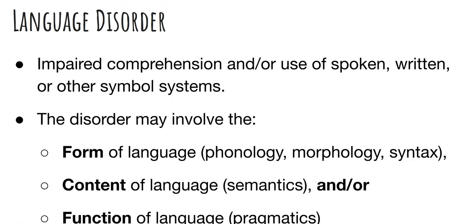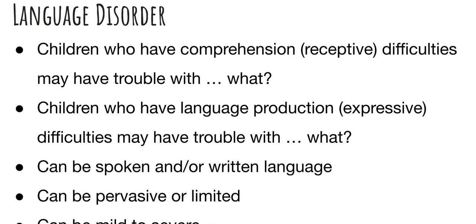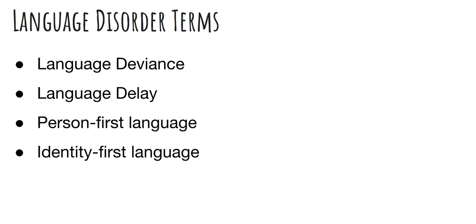Maybe vocabulary, word finding, content is a severe disorder, and then you've got more of a mild disorder in the form of language. So it can really change up as far as what kind of disorder we have, how pervasive, and how severe it is.